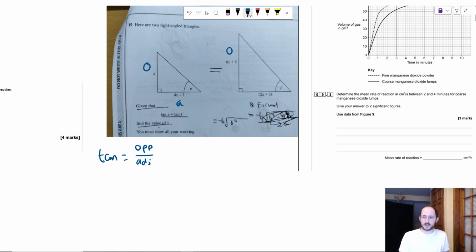This is opposite, this is the adjacent. Because both of the tans are the same, you have x over 4x minus 1 is equal to 6x plus 5 over 12x plus 31. Okay?